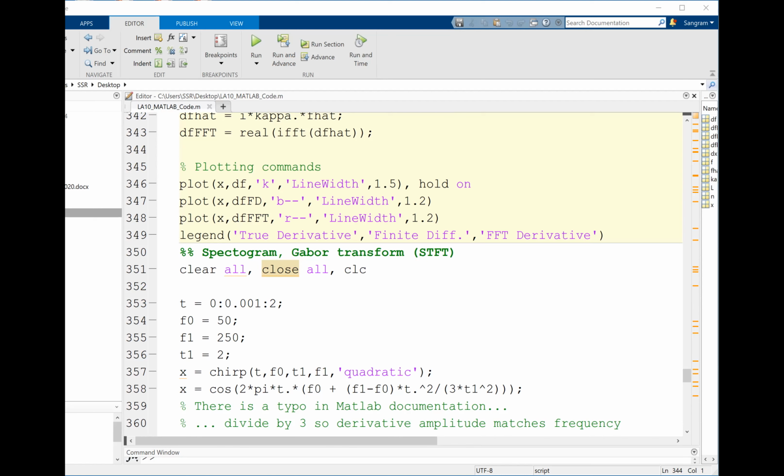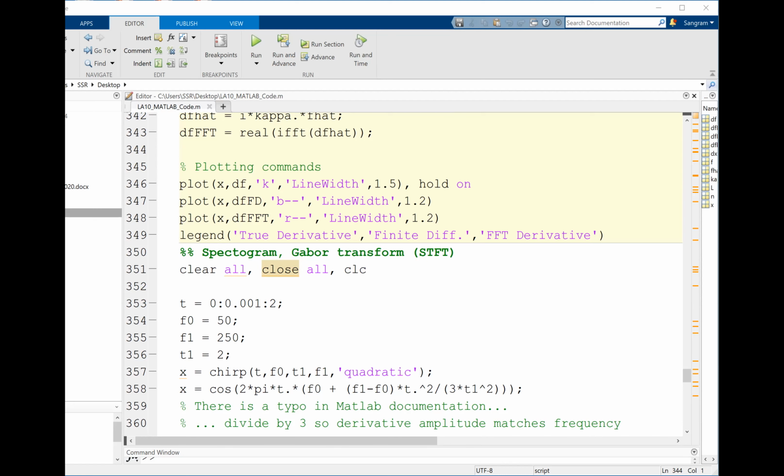In other words, it's possible to resolve the signal very accurately in time, or it is possible to resolve the signal very accurately in frequency, but it is not possible to resolve the signal very accurately in time and frequency, which means I do not know what time this frequency occurred.